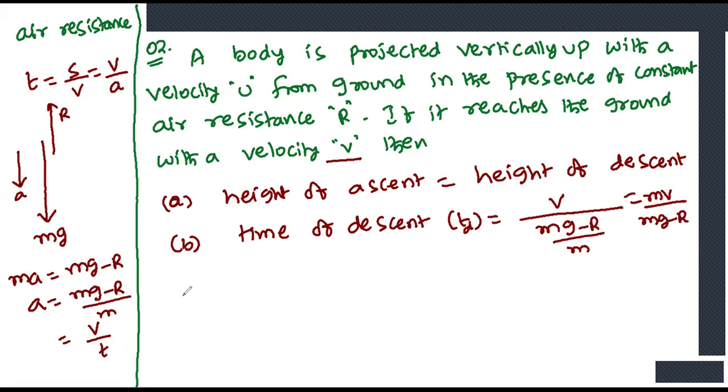See how I wrote mg minus r: since it is accelerating down, the downward force is more than the upward force. These two forces, mg and r, air resistance, are in opposite directions, so the net force is in the direction of the larger one. If forces are in the same direction, then we add.